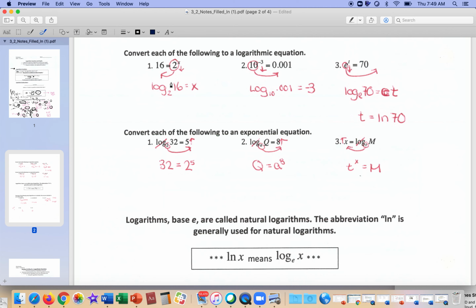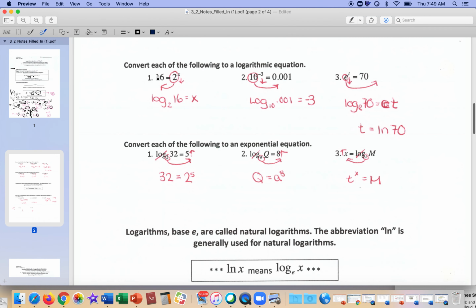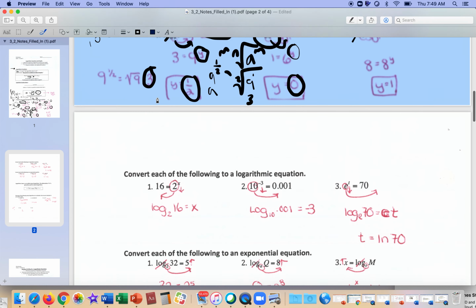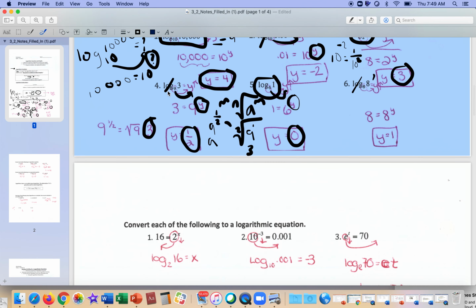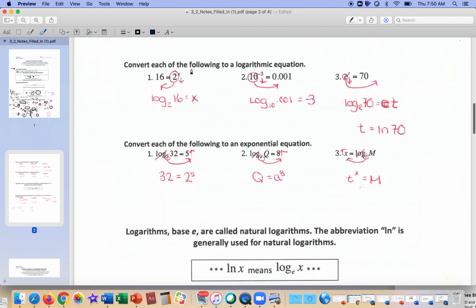Okay, so now if we're going in reverse and we want to convert these to exponential form. So here you see log form, and now we want to see exponential form. When you see log and you want exponential, you need to get rid of log. If you're trying to isolate the variable, you want to know what x is.